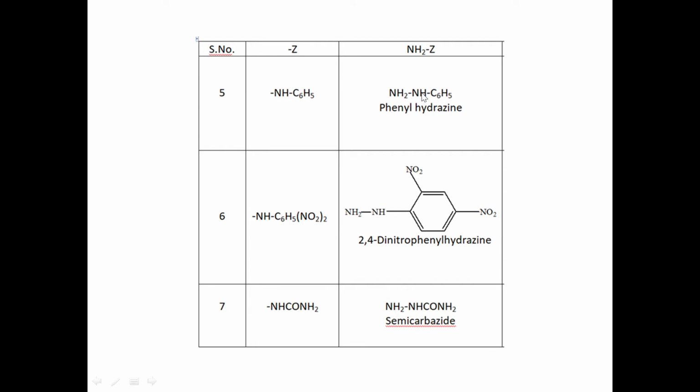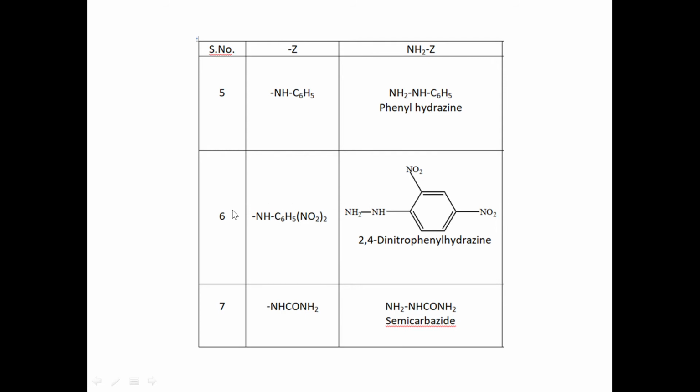Hydrazine, as I told you, is a symmetrical molecule, all four hydrogens are identical. So if you replace one of the hydrogens by the phenyl ring, you will get phenylhydrazine. Now here we have two nitrogens. Which will act as a nucleophile, or which will react with the carbonyl group, we'll discuss later on. Therefore, I have not written the product here.